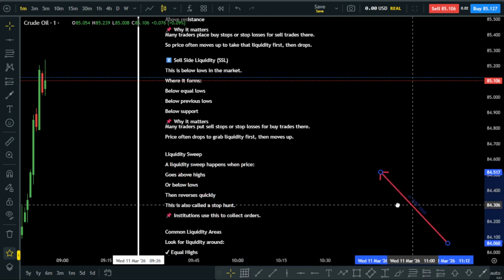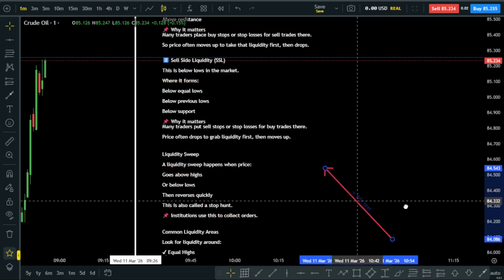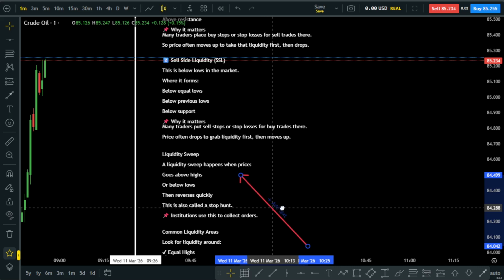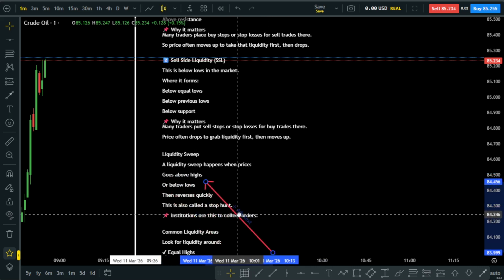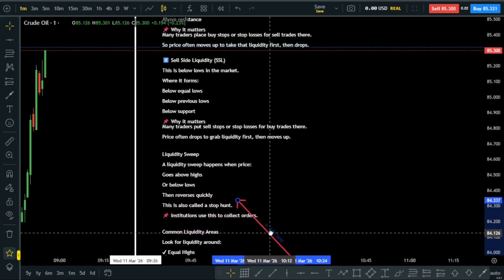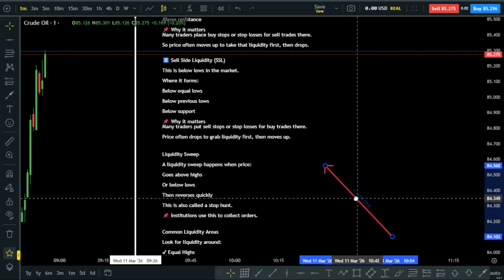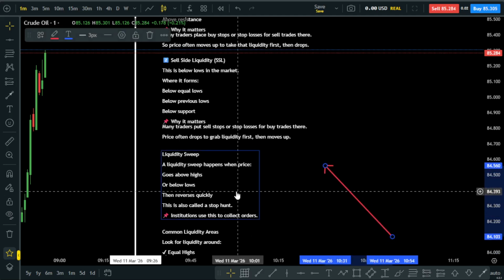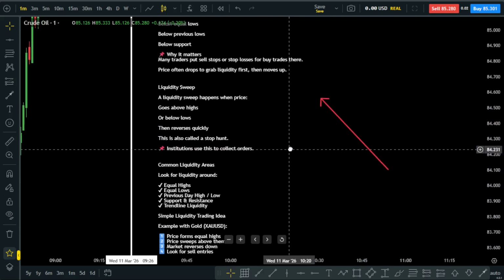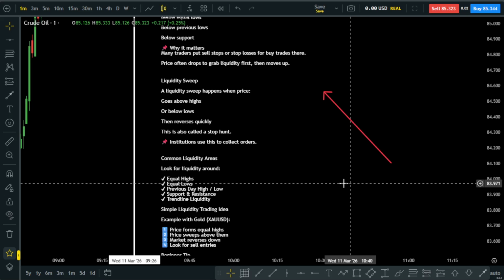We have also something which is called liquidity sweep. What is liquidity sweep? Liquidity sweep happens when price goes above highs or below lows, then reverses quickly. This means it will just come, hit your stop loss, and then move in the direction you predicted.